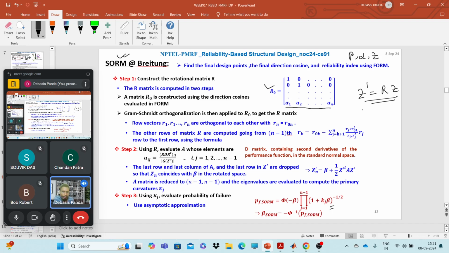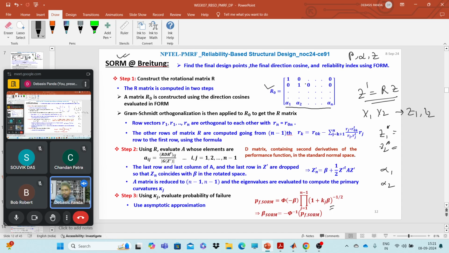So, for example, if we have two variables x1 and x2, in the Z domain we will have two variables z1 and z2. Finally, we will have z1 prime and z2 prime, and corresponding to them alpha 1 and alpha 2. Now, once we have alpha 1 and alpha 2, in the R naught matrix the last row will contain the final direction cosines, because when we rotate the space, the final design point should coincide with that beta value or this alpha value.